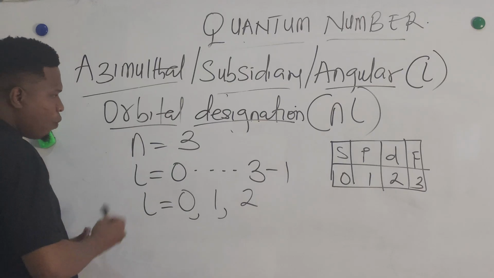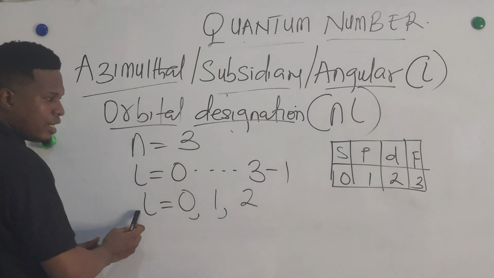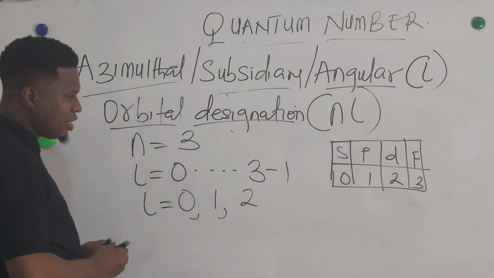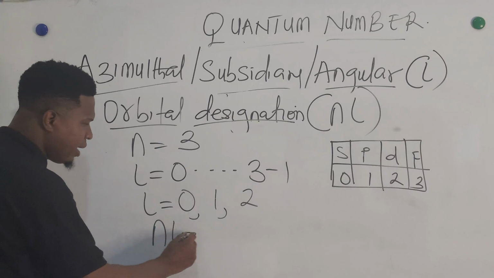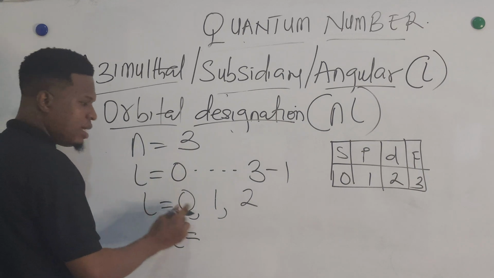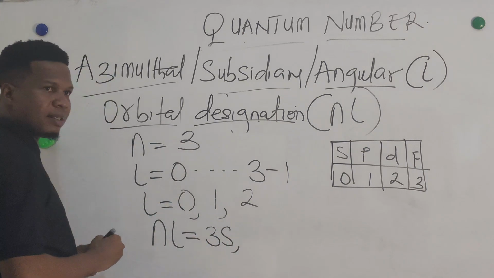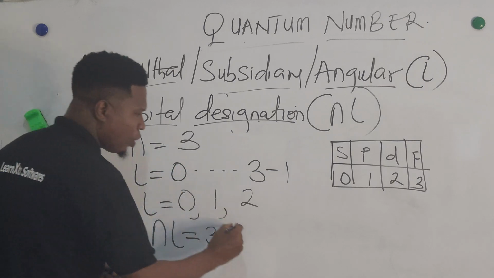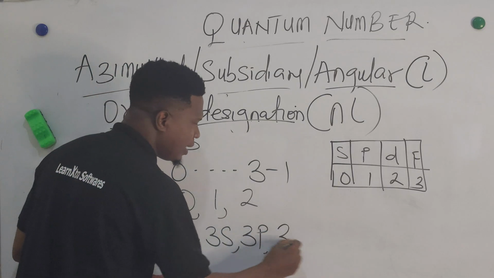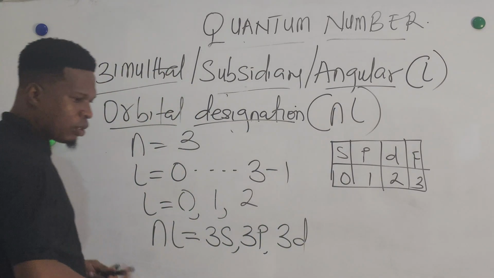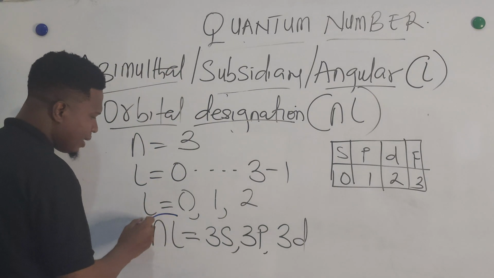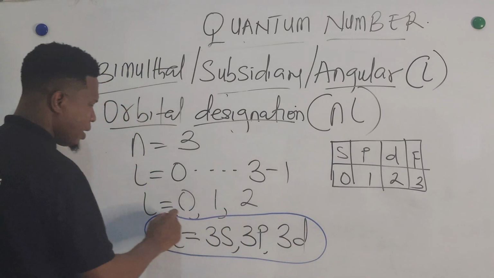When n is equal to 3 and l is equal to 0, 1, and 2, the orbital designation nl is 3 and 0, which means 3s. 3 and 1 means 3p. 3 and 2 means 3d. So the orbital designations when n is equal to 3 are 3s, 3p, and 3d.